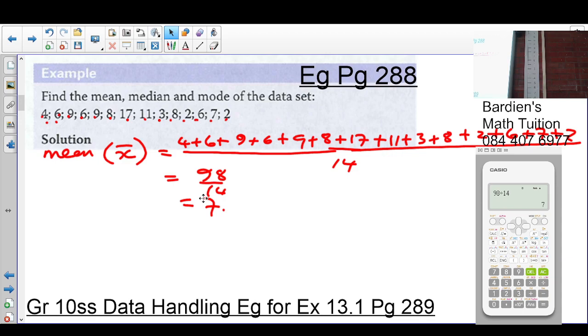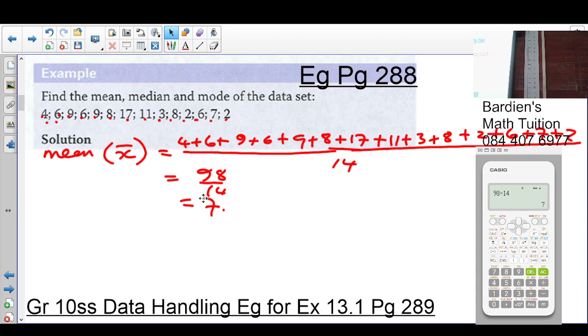For argument's sake, if 14 of you had 4 sweets, 6 sweets, 9 sweets, 6 sweets, 9 sweets, 8 sweets, 17, 11, and you decide to put all your sweets together and share them equally, each person will get 7. You understand? That's basically what it says.